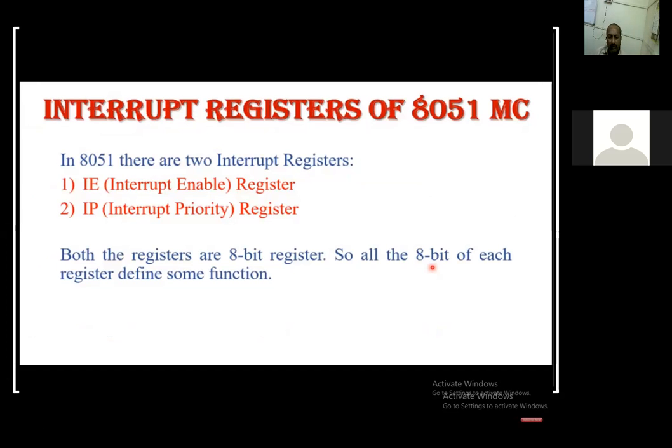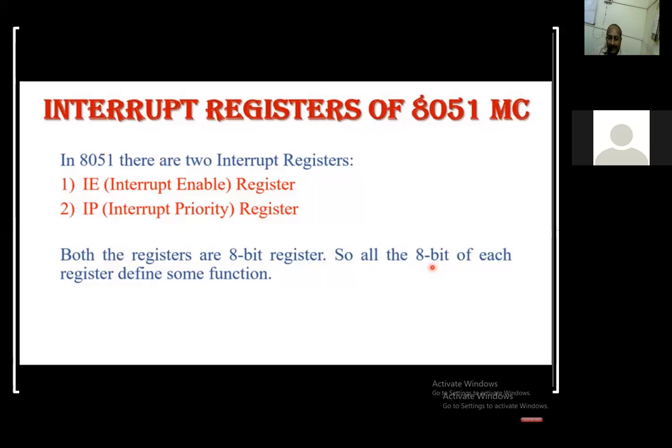The work of IP is to decide or change the priority, nothing else. But IE is very important because with it we enable or disable, start or stop, the particular interrupts. So the study of IE is very important, and we have already seen it earlier in the SFRs.